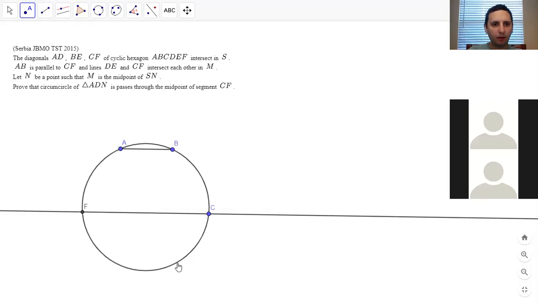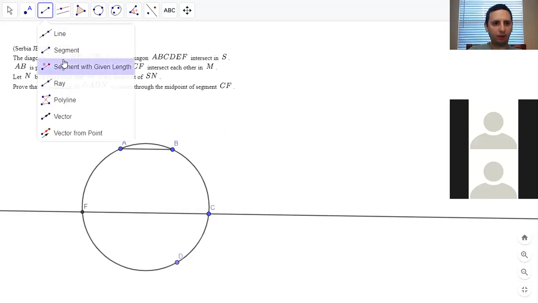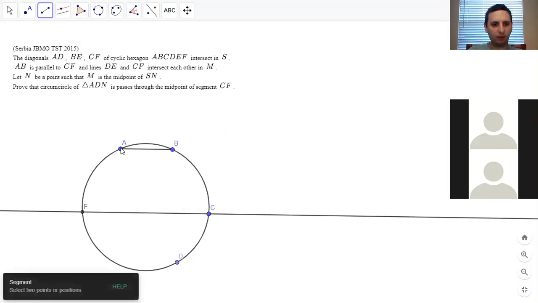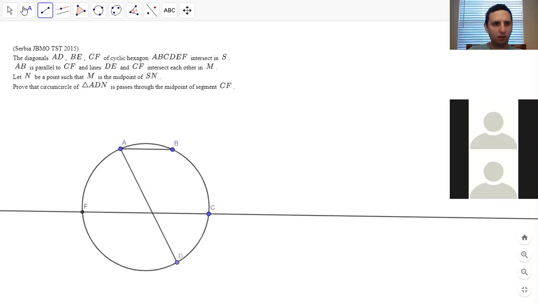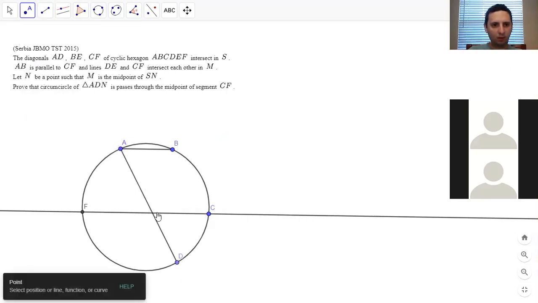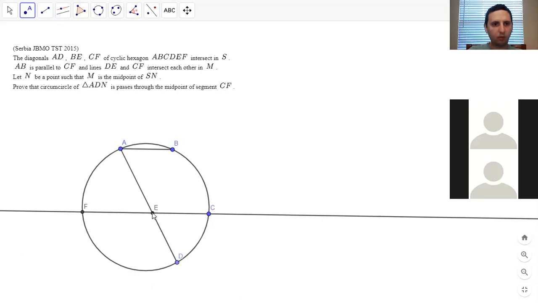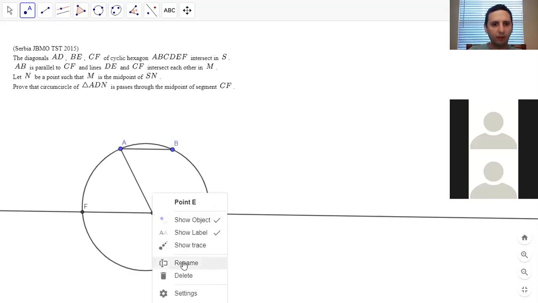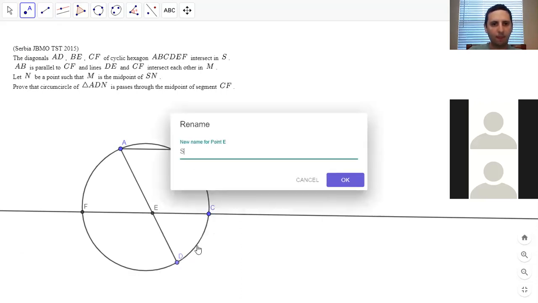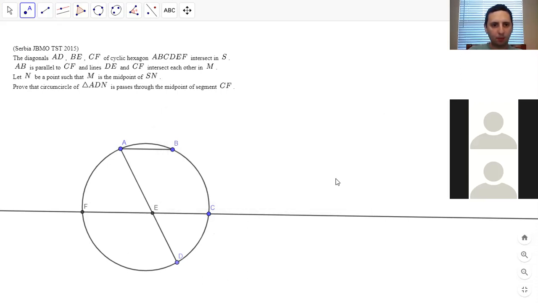Okay, D and E, DE and CF. So AD, CF, and BE intersect at S. We have something like this.